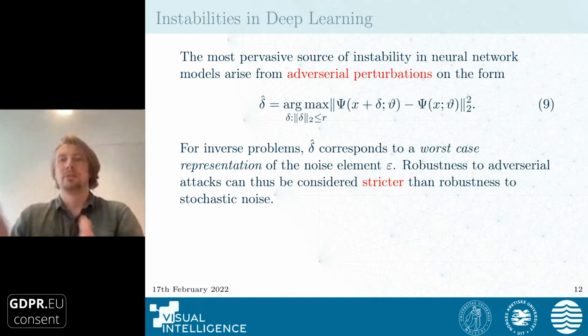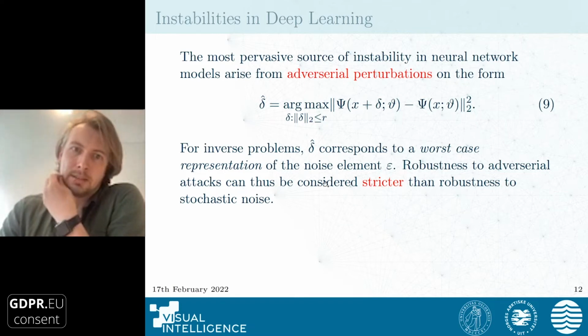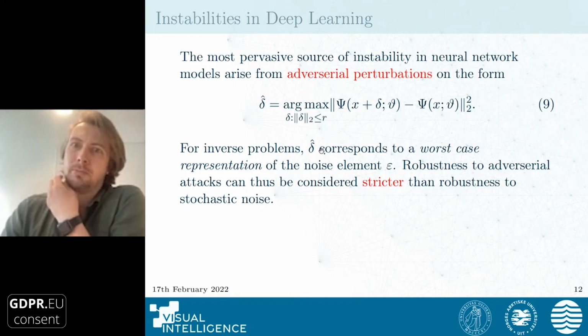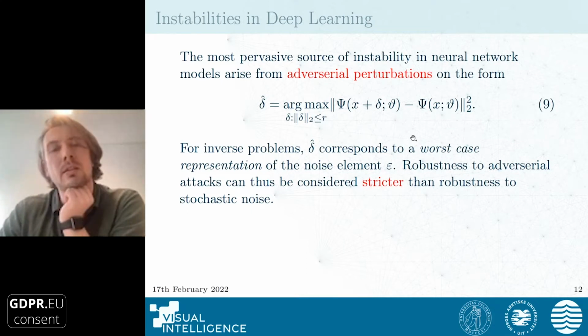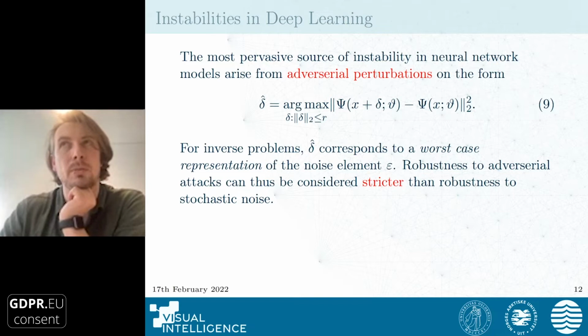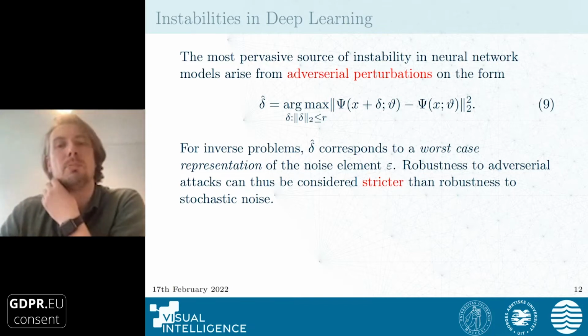The most pervasive source of instability in a neural network model is adversarial perturbations, where we're essentially looking to find the worst case perturbation to offset the network in the worst way possible.